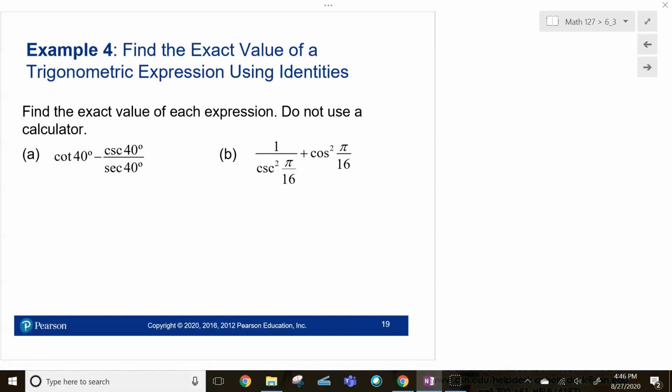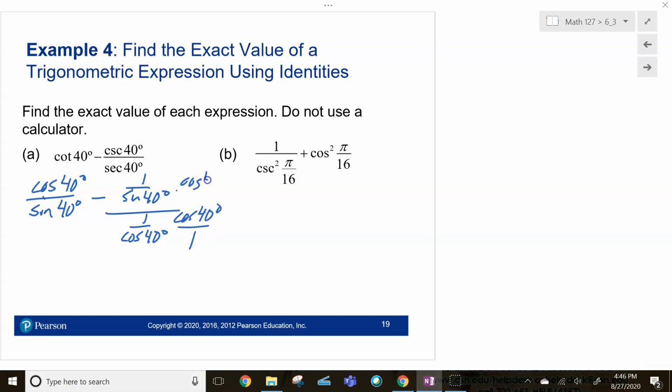So I'm like, well, I know cotangent is cosine over sine. I know cosecant's 1 over the sine. I know secant's 1 over cosine. But then I got a complex fraction here, so I gotta clean this thing up. So I'm gonna multiply it by cosine 40 degrees over 1, both top and bottom, right?